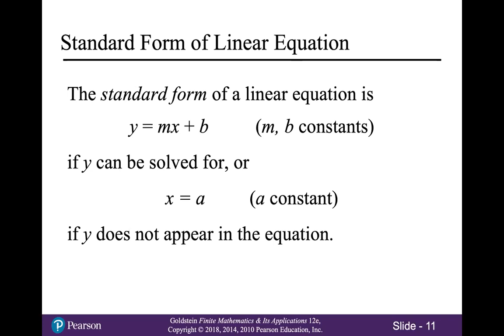Now, the only type of linear equation that you would not be able to solve for y is one that doesn't have a y in it. In the case where your equation doesn't have a y in it, standard form is x equals a, where a is a constant. So every linear equation can be written in one of these two forms.